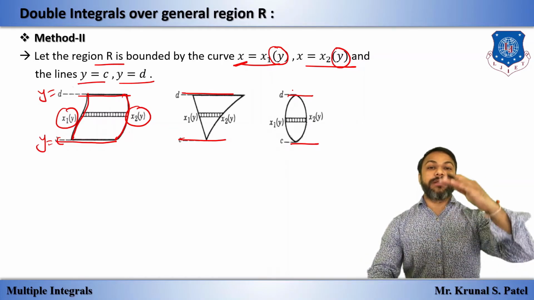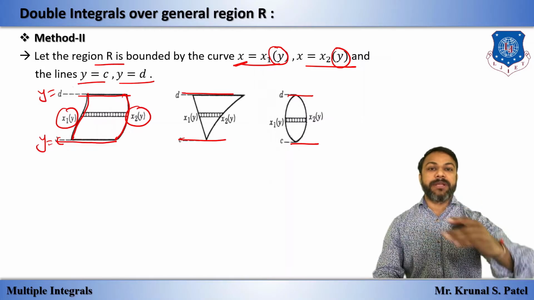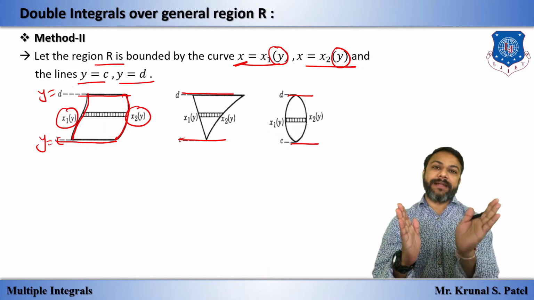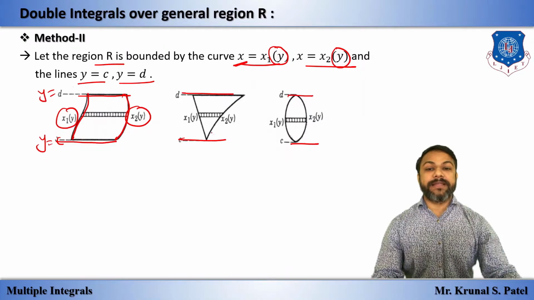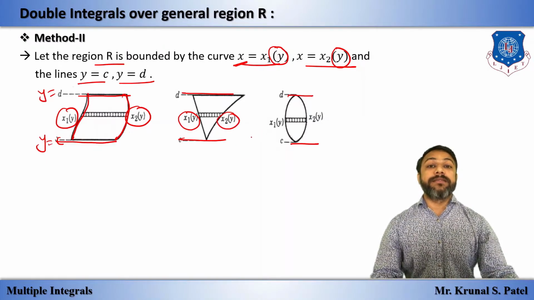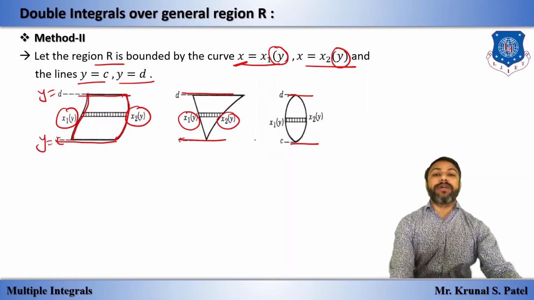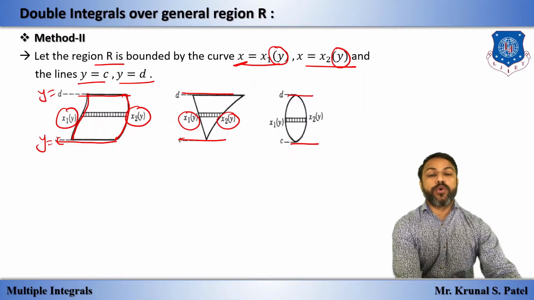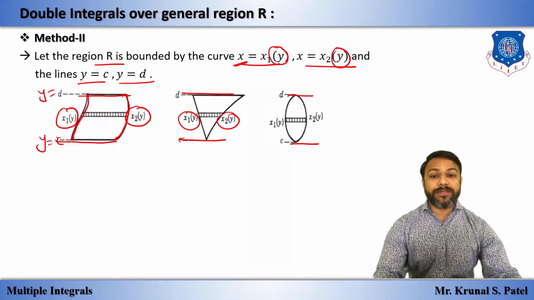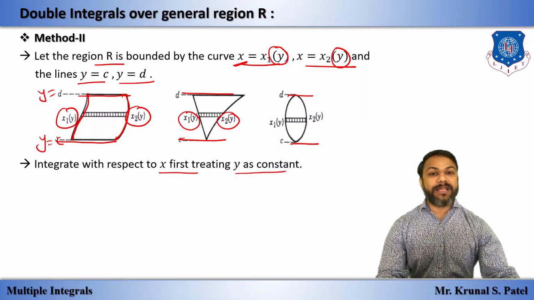In this region, the entire strip is moving, a horizontal strip, left and right. These are the curves, x1 of y and x2 of y, in the form of y, but the limit is of x. So for that, first we integrate with respect to x, treating y as constant.